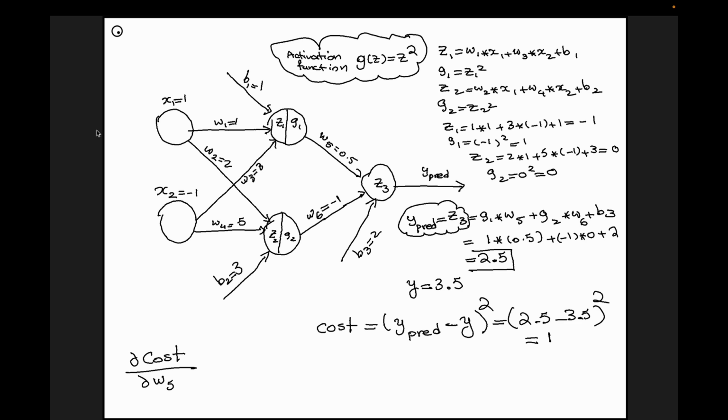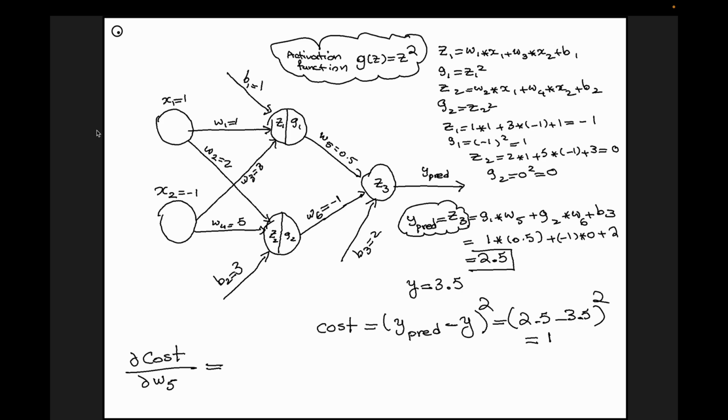So let's say we want to update the weight of W5. As I said, we need to know this partial derivative. We need to be able to estimate that, and that is pretty simple and straightforward. We do not know that directly because cost has prediction in it, and the prediction itself is a function of W5.